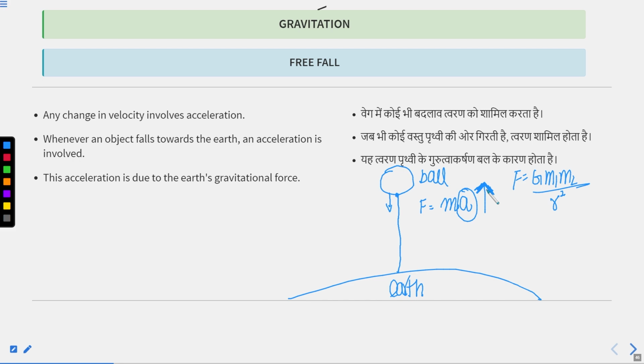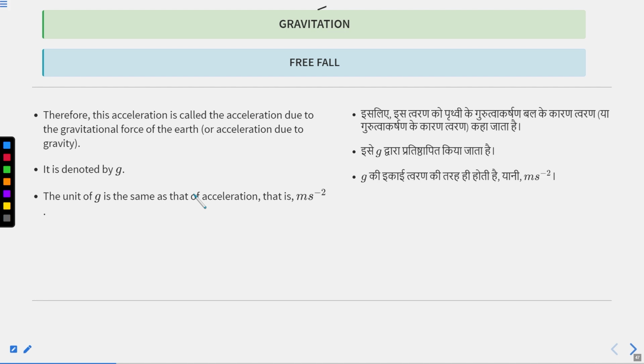So this acceleration is due to Earth's gravitational force. Therefore, the acceleration of a free falling object is known as acceleration due to gravitational force or acceleration due to gravity.